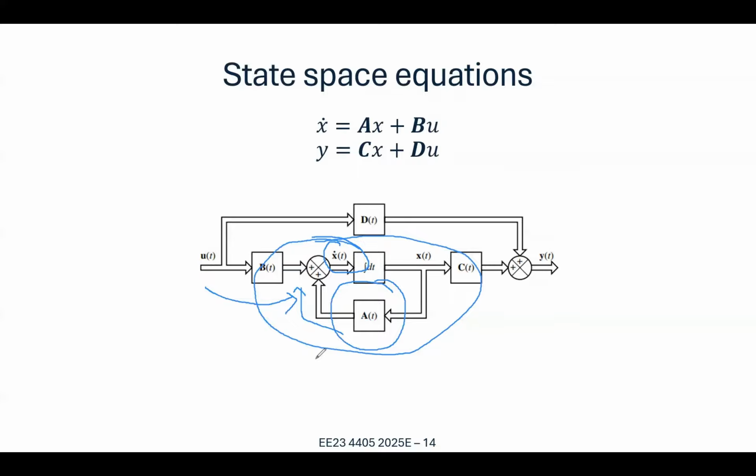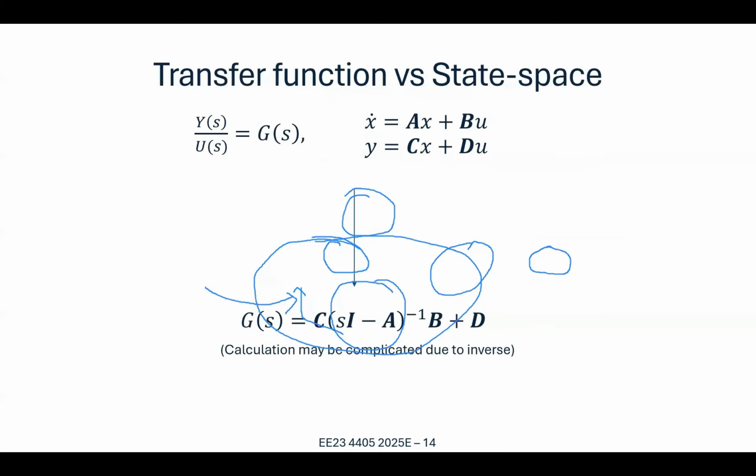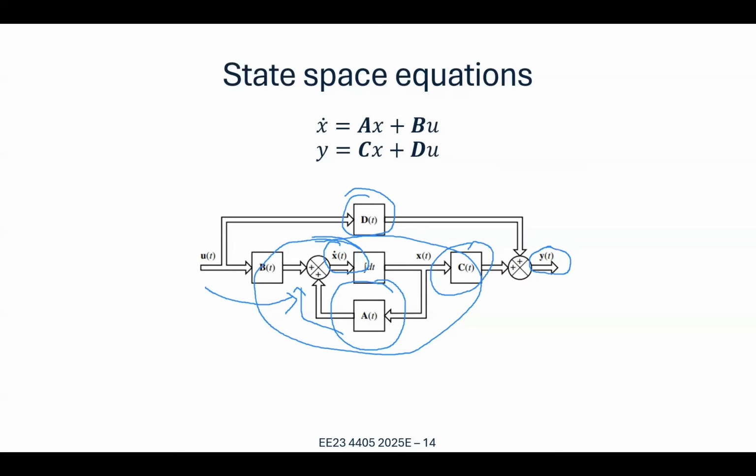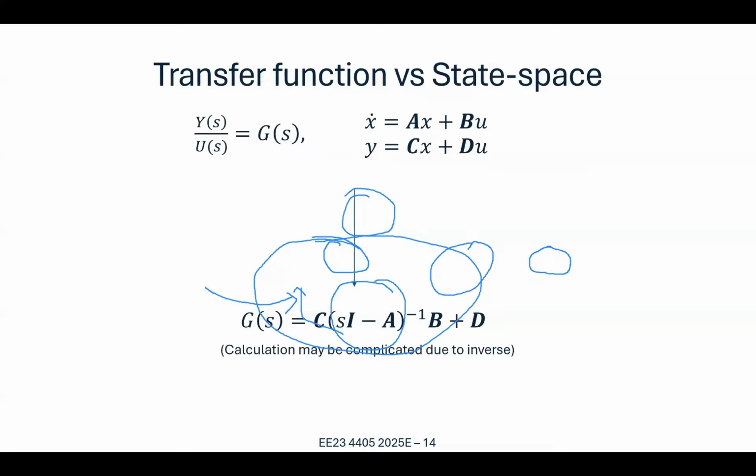Yeah, so x here will be multiplied by the matrix or the vector C, which is then added by the multiplication between the input and the matrix or vector D, which then form the output y. So that's the structure of the state space equations.